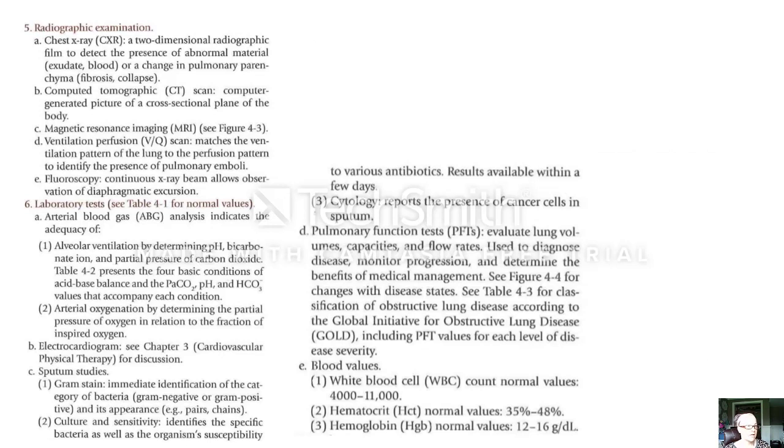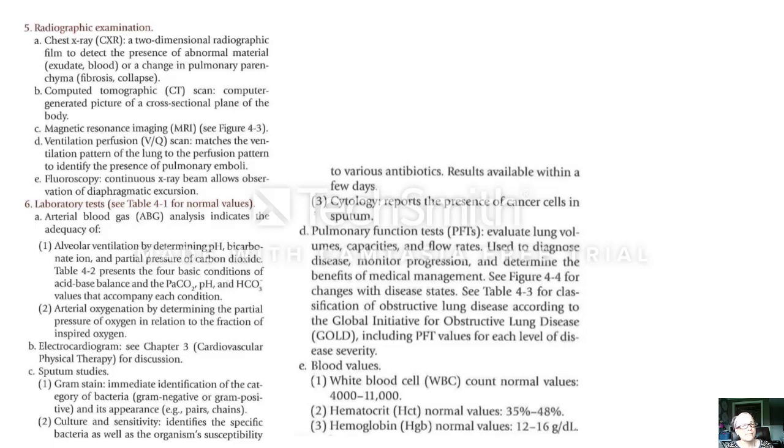Radiographic examination, chest X-ray. Two-dimensional radiographic film to detect a presence of abnormal material such as exudate or blood, or a change in pulmonary parenchyma, fibrosis, or collapse. CT scan, computer-generated picture of a cross-sectional plane of the body.